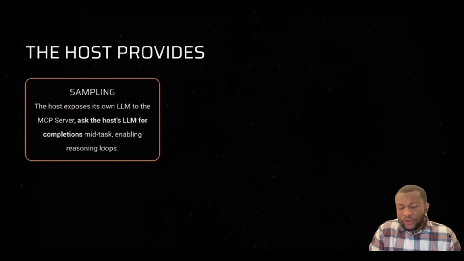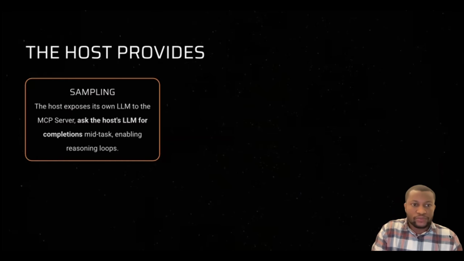Now, on the MCP host side of things, it also provides some things. We just looked at what the MCP server provides. Now, let's look at what the MCP host provides as well. There's a concept called sampling. Sampling is the ability for the MCP server to invoke reasoning by using the LLM on the MCP host.